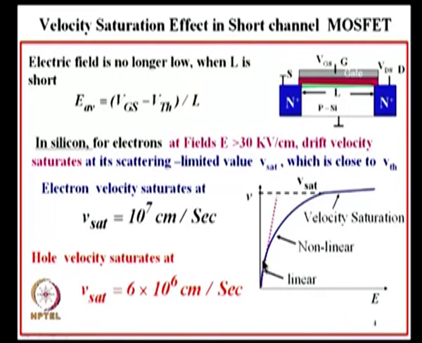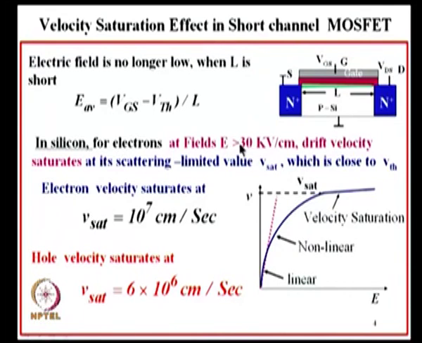That means, if the electric field is larger than about 30 kilovolts per centimeter for electrons, the velocity saturates to 10 to the power of 7. So, what you are telling is that this 30 kV per centimeter can be reached very easily.